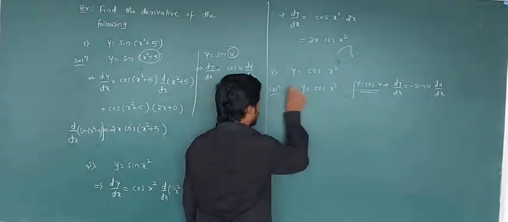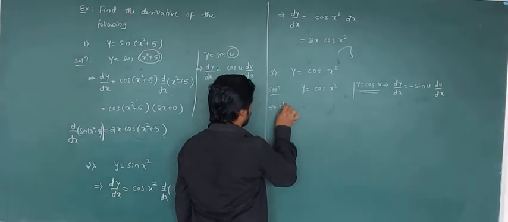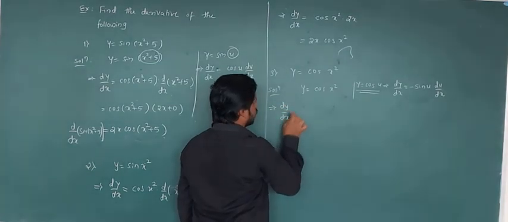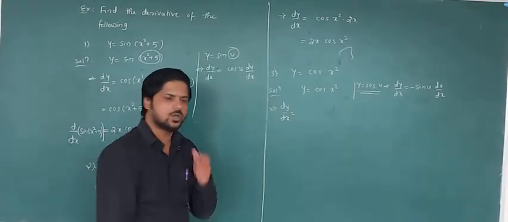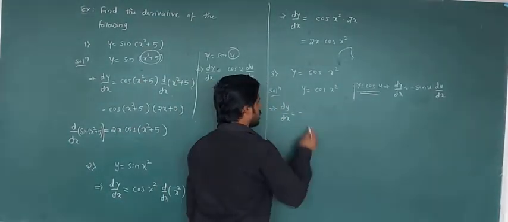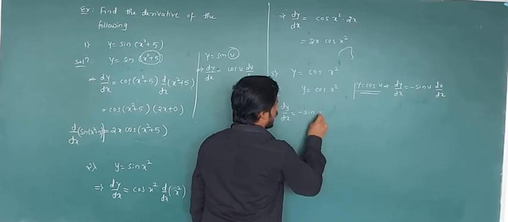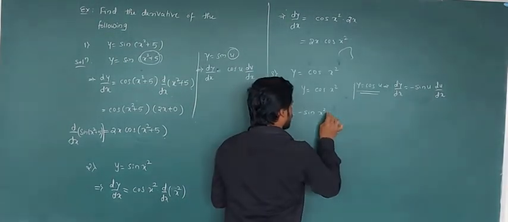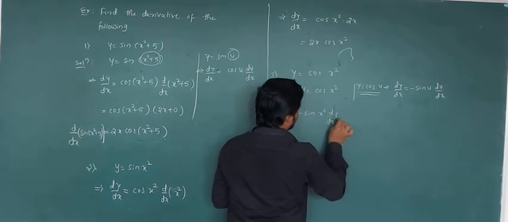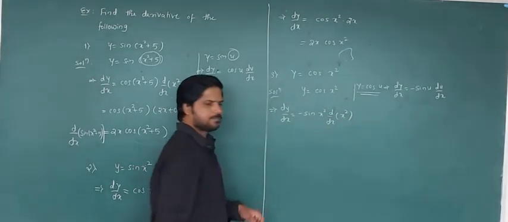So the derivative of this function is dy by dx is equal to minus, because here it is cos, so a negative term, minus sine of x square into d by dx of x square.